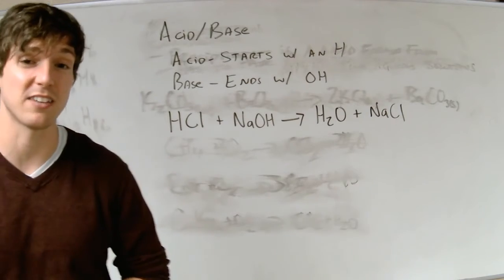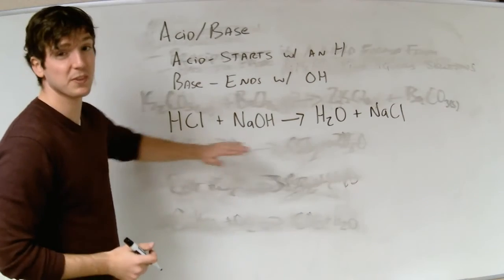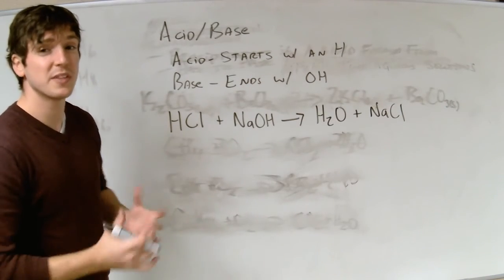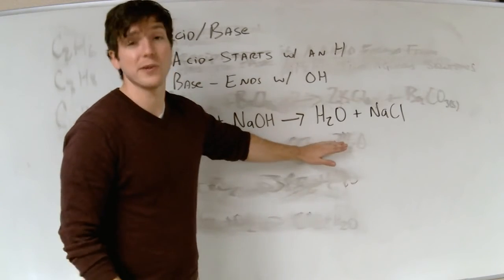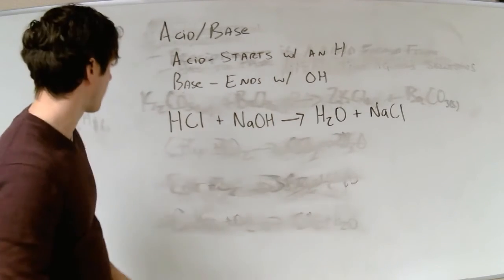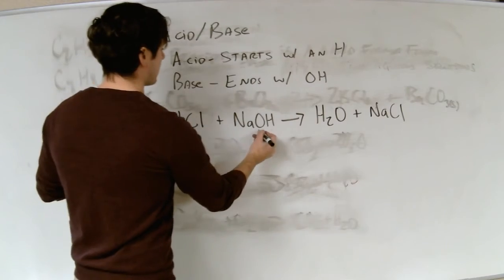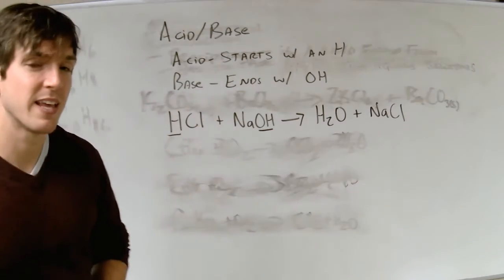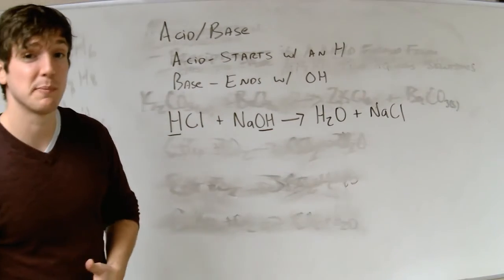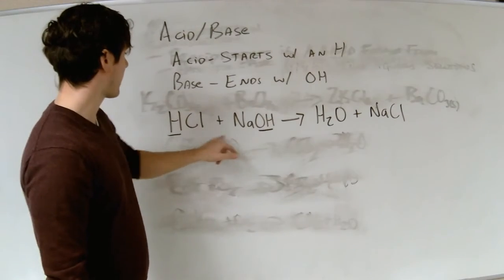So whenever you see something with an H and something that ends with an OH, when they react, one of your products is always going to be water. Water will always be formed, and that always comes from the H and the OH in our acid-base reaction. And then the second product is going to be a salt, which is just Na and Cl.